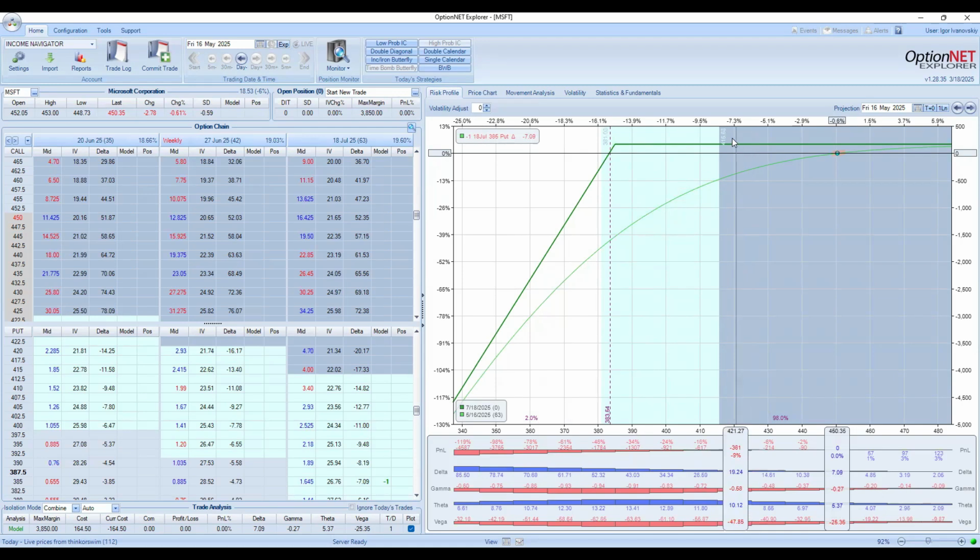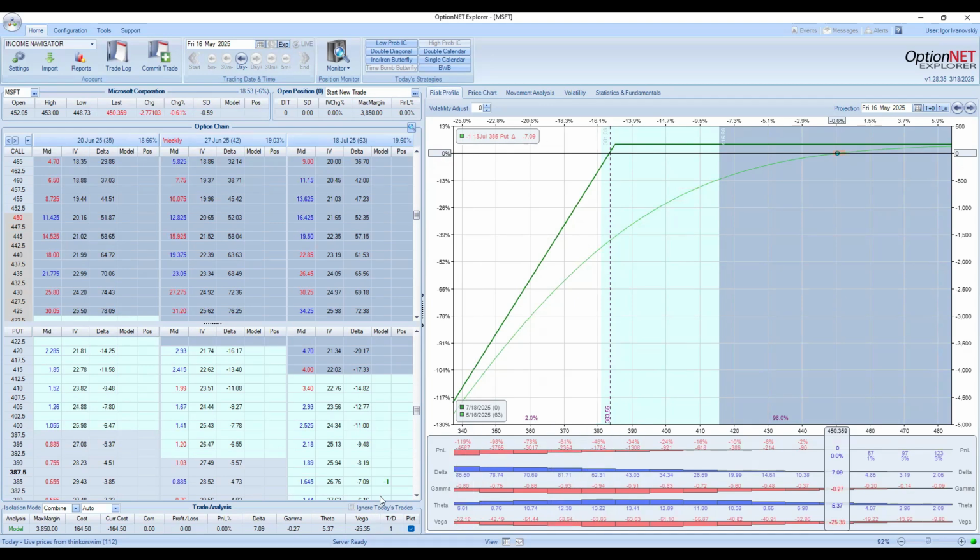So if you're going to take in the premium, which is the great thing, you're generating income. You take in that $165 premium, and you put yourself on the hook to buy the stock at 385 anytime before or at expiration. So there's a trade-off, right? Instead of paying money for something, you're actually collecting the money.